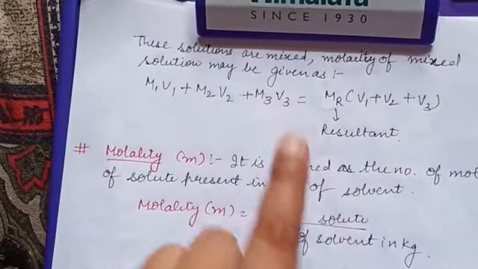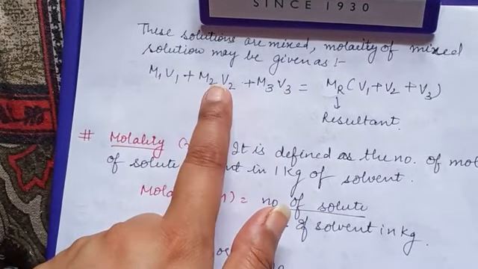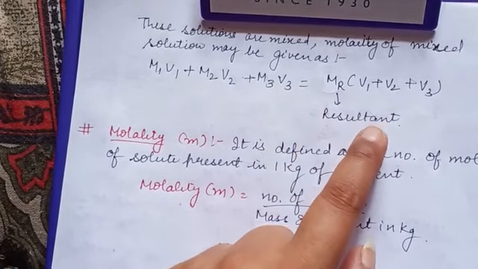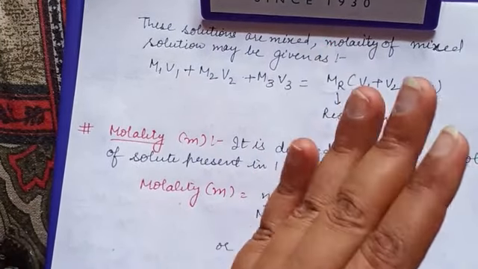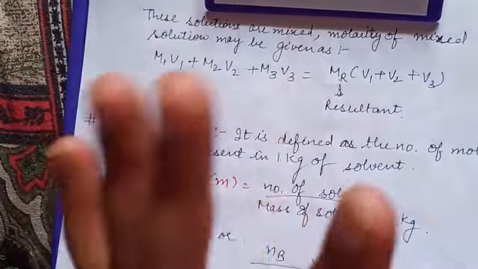So these solutions are mixed, and the molarity of the solution becomes M1 V1 plus M2 V2 plus M3 V3 is equal to MR into V1 plus V2 plus V3. R means resultant. I'll do the numerical for the same.